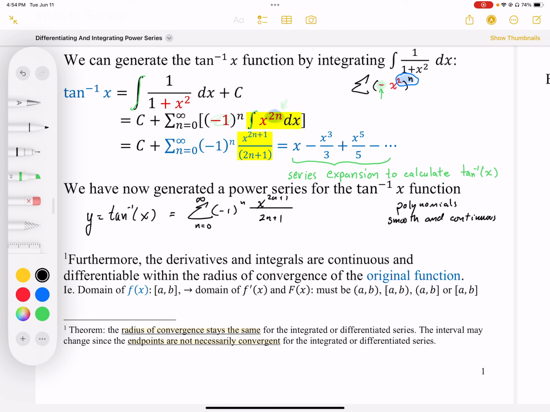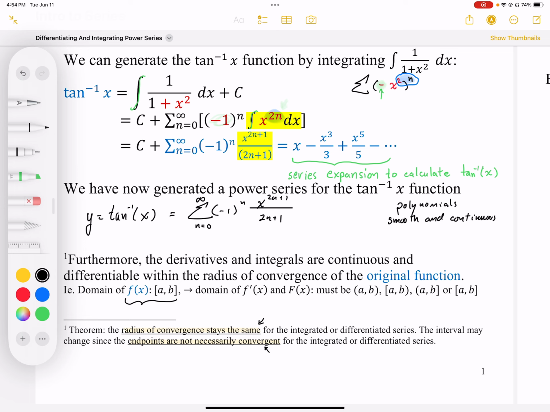That means that if the domain of f of x is from a to b, the domain of the derivative or the integral must be a to b. So the radius of convergence stays the same. The endpoints where they converge may differ.